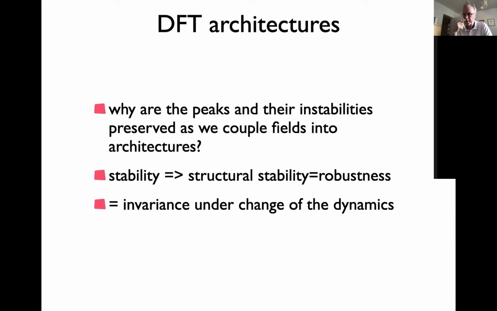Mathematically, when you have an attractor that is structurally stable, there will be a neighborhood in parameter space of that attractor where you still have a matching attractor, which could be shifted a little bit, but would still have the same layout.